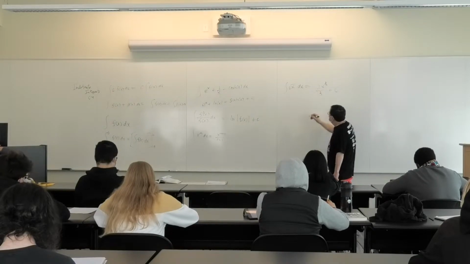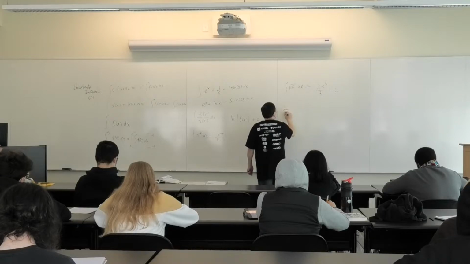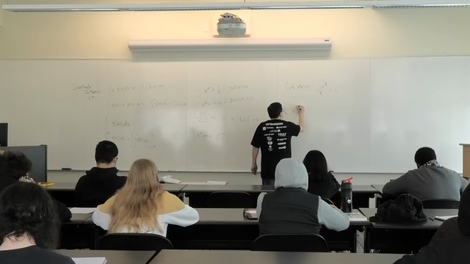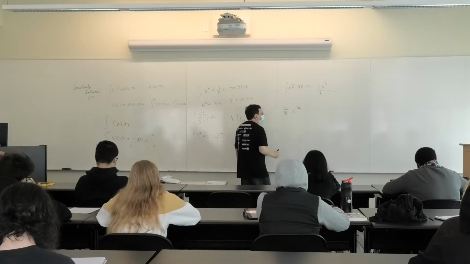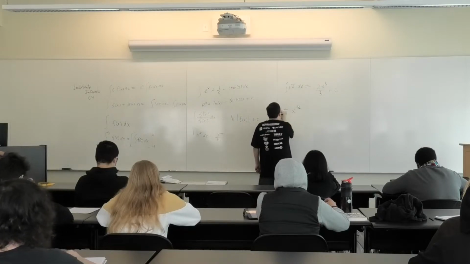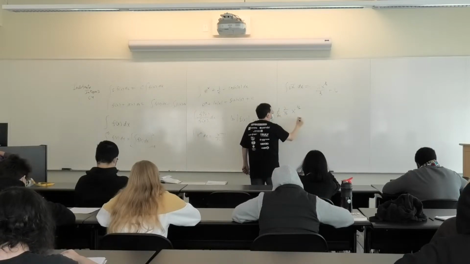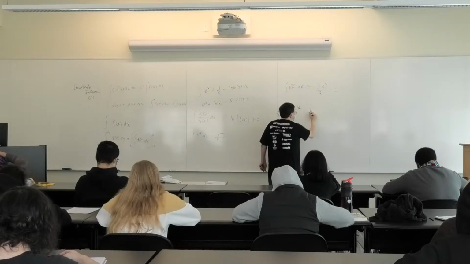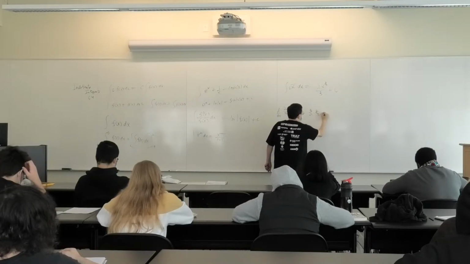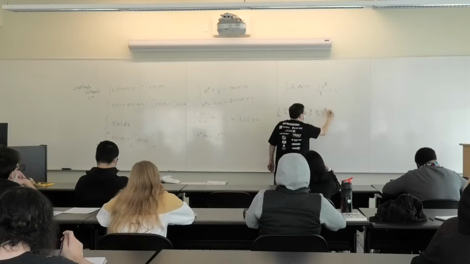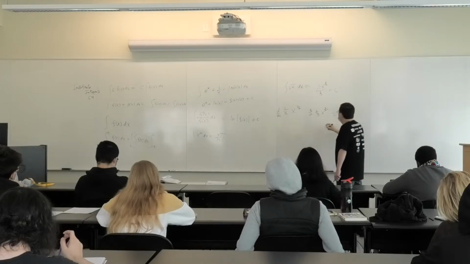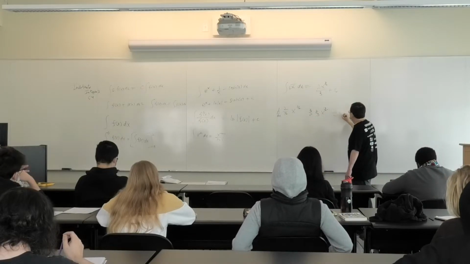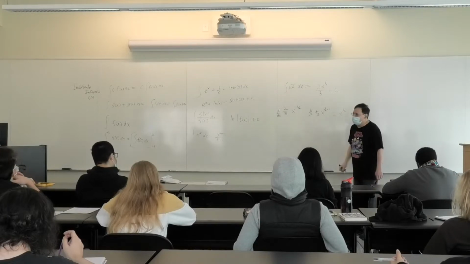If I have 2/3 x to the 3/2, I know for my power rule, the derivative of that is just 3/2 times 2/3 times x to the 3/2 minus 1. These cancel and we just get x to the 1/2, so that's our check.